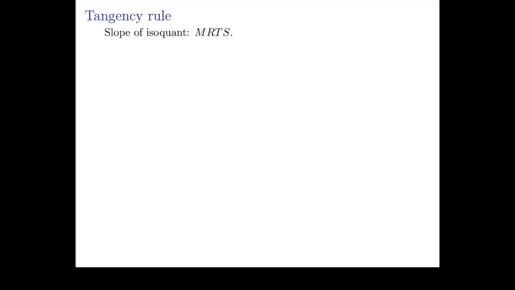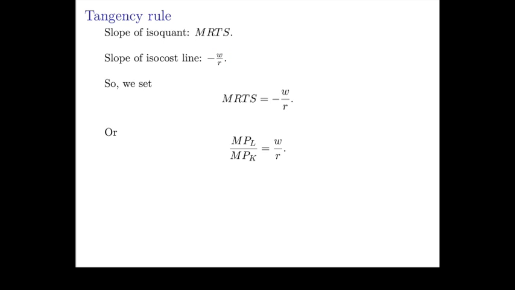If you recall, the marginal rate of technical substitution is the slope of the Isoquant. At tangency, we want that to equal the slope of the Isocost line, which is, as we saw, minus W over R. So it's a negative ratio of the prices of the inputs. If we set those equal to one another, remember the marginal rate of technical substitution is just the negative ratio of the marginal products.